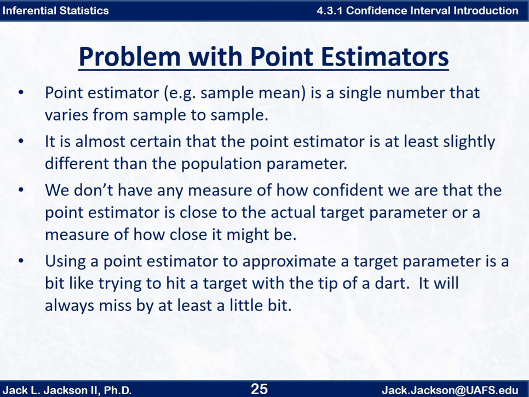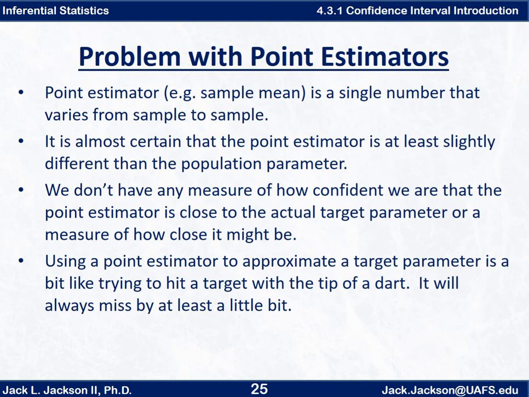If you remember from our last video, we were saying that we could use a point estimator, for example the sample mean, as a single number to estimate some corresponding parameter, like in this case the population mean. But it's a single number, and that single number is going to vary from sample to sample. It's almost certain that the point estimator is at least going to be slightly different, if not a lot different, from the population parameter.